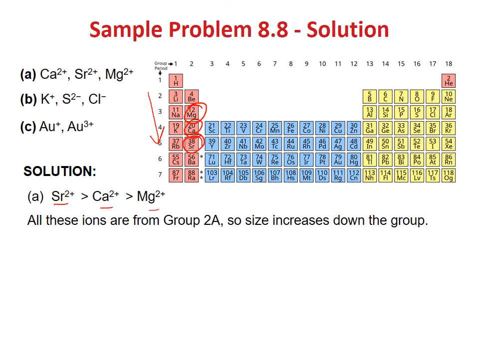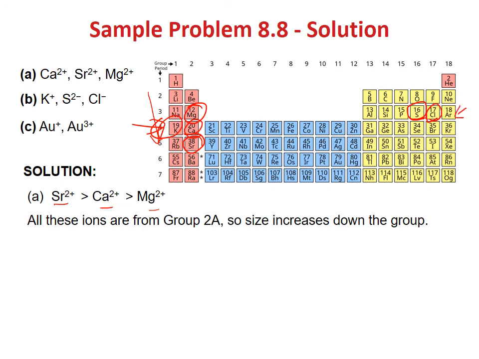Okay, next, potassium. So potassium is here, and sulfur is here, and the chloride here. We can see these three ions are an isoelectronic series. They all have the same electron configuration as argon.